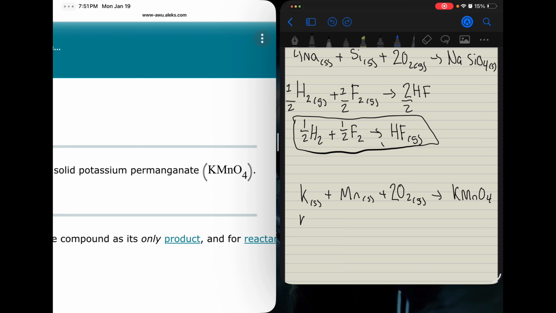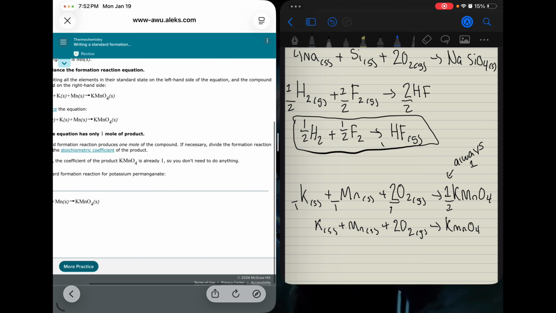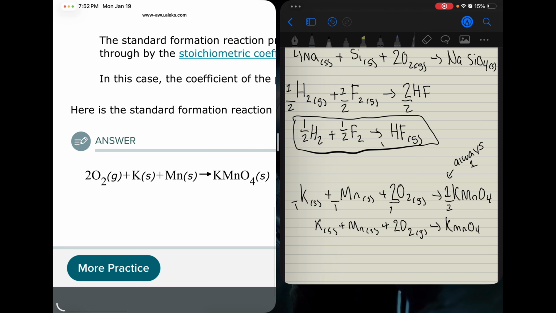And then we're dividing by 1. Remember, assume this is 1. Right here will always be 1. Right? Okay, so we're dividing by 1, 1, 1. And you will see that that is our answer.